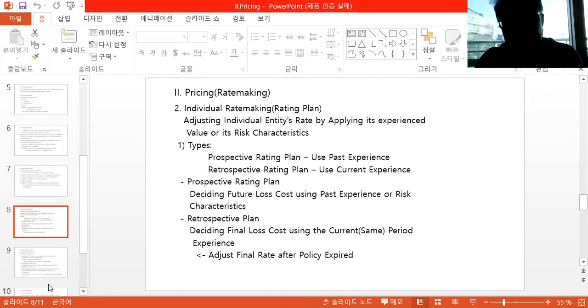In a prospective rating plan, you use the past experience, but in a retrospective rating plan, you use current experience. In a prospective rating plan, you decide future loss cost using past experience or past risk characteristics. In a retrospective rating plan, you decide final loss cost using the current same-period experience. So here you first set a deposit premium and then you adjust the final rate after the policy expires.